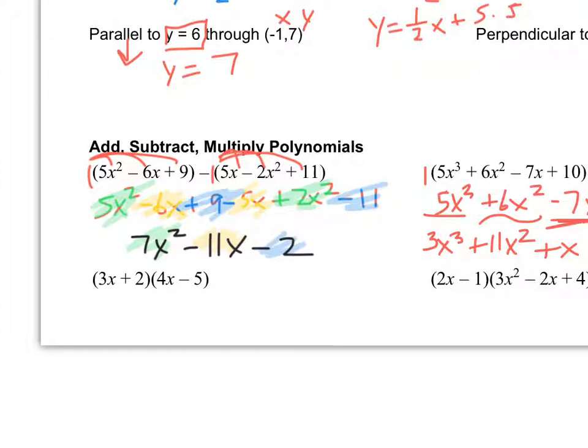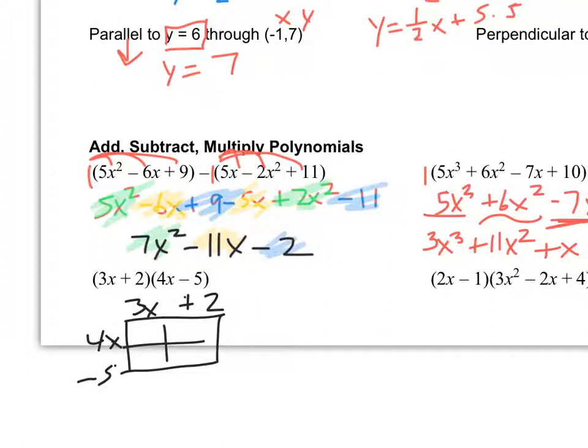When I'm multiplying, that's when we're going to use the box. So this first one is a 2 by 2 box. So 3x plus 2, 4x minus 5. And now we're finding all the little areas in there. So this would be 12x squared, 8x, -15x.